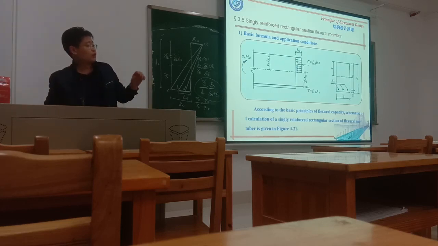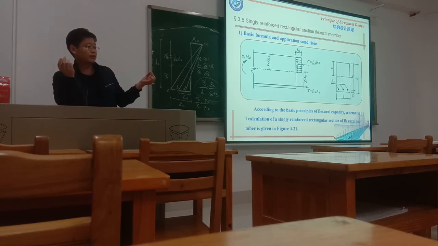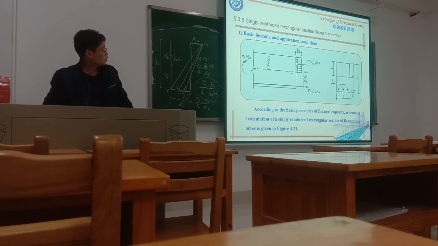So if you keep this component balanced, the tensile force and the compression force should be in balance, in opposite direction, and the value should be the same. And the moment, with respect to the neutral axis or to this edge or to wherever, should be the same.